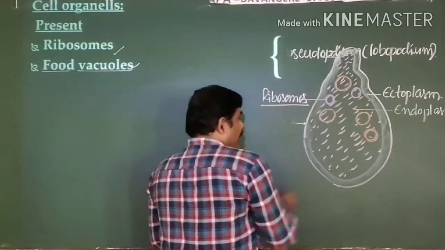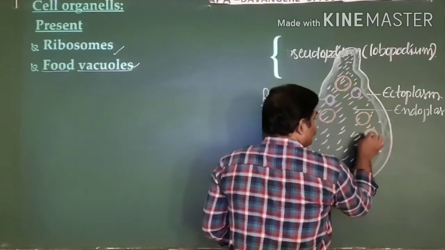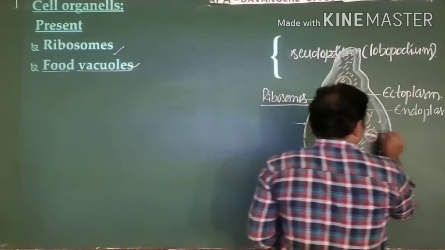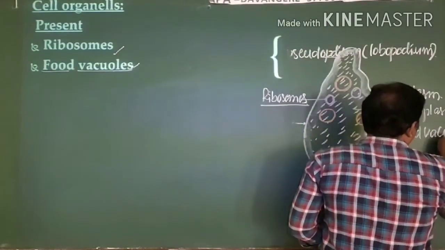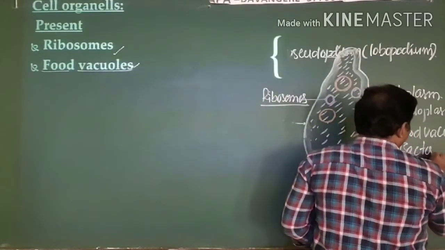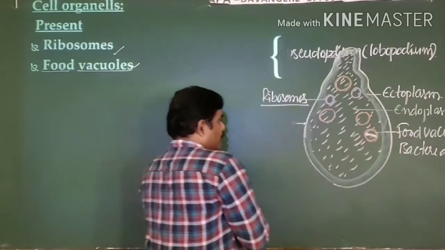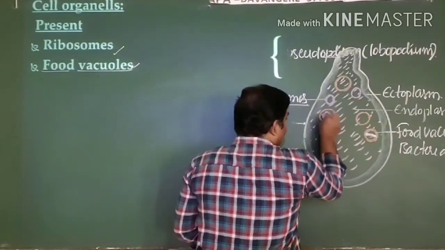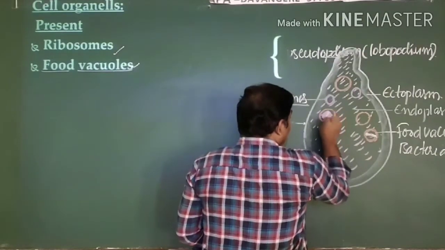So this is a food vacuole with bacteria. There you can see another food vacuole; some of the food vacuoles have red blood cells, RBC, within them.